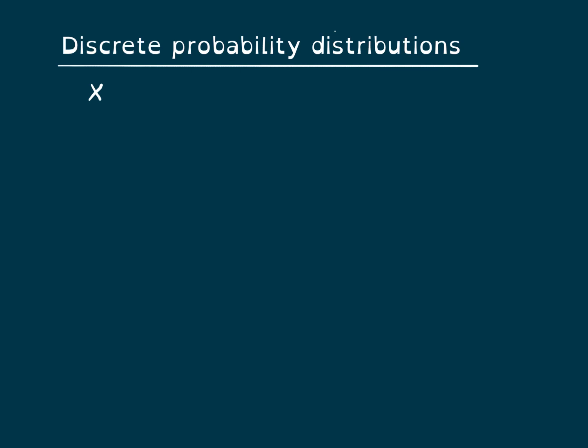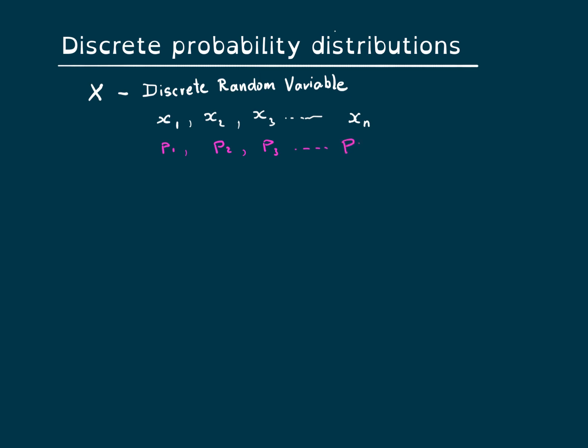Here I want to show you, if x is a discrete random variable with possible values of, say, x1, x2, x3, and so on, then there will be a corresponding probability distribution of P1, P2, P3, all the way up to Pn, such that the probabilities have to add up to 1.